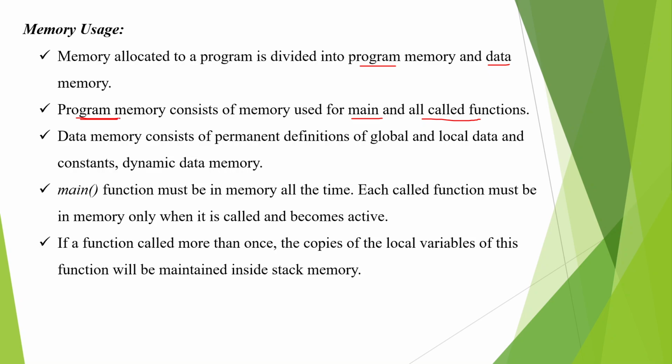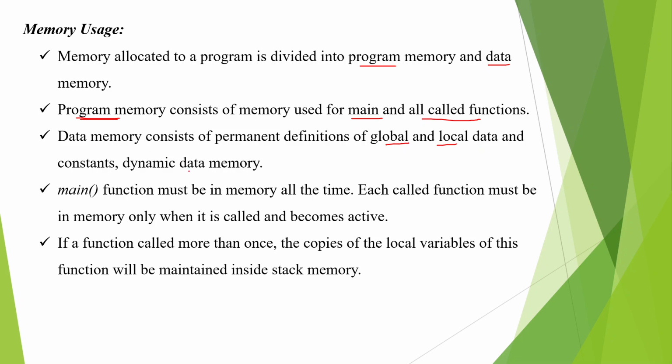So simply remember, program memory means whatever functions we write in our program, all those functions will be stored inside the program memory. And data memory consists of permanent definitions, any definitions we give using preprocessor directives, and global and local variables, global and local data, also come under the data memory only.